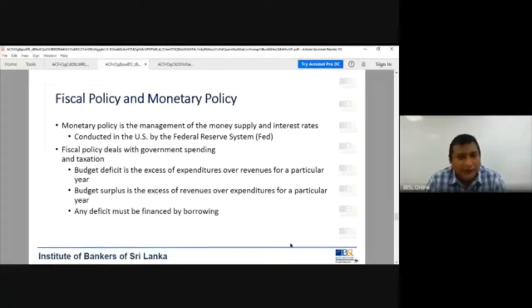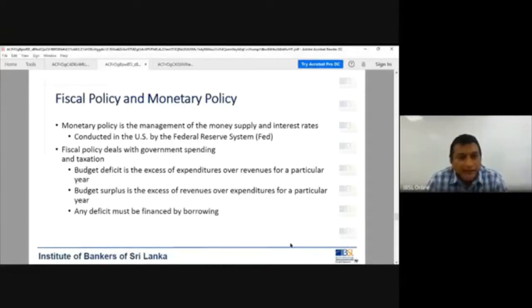You hear about so-called budget deficits all the time, which is nothing but the excess of expenditure over revenue for a particular period of time. A deficit is when expenditure is higher than revenue. A surplus is when revenue is greater than expenditure for a given period of time. But most countries in the world are experiencing deficits, especially the emerging, frontier and developing economies.